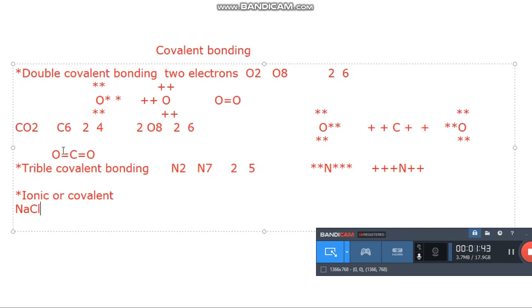But we have other ways to identify whether this compound is ionic or covalent. Okay. The first method to identify whether the compound is ionic or covalent is by electric conductivity.